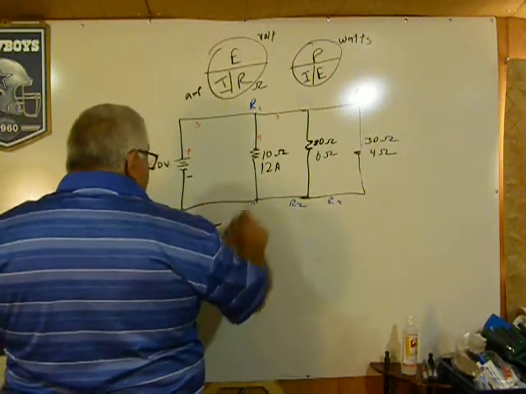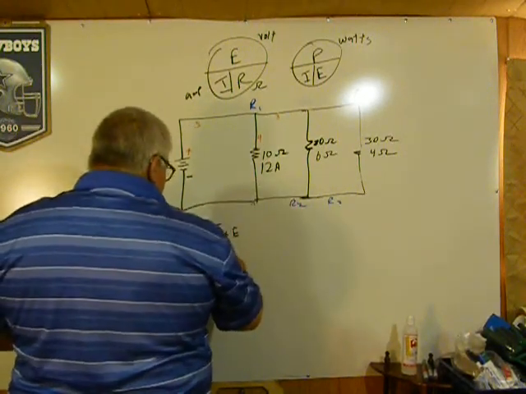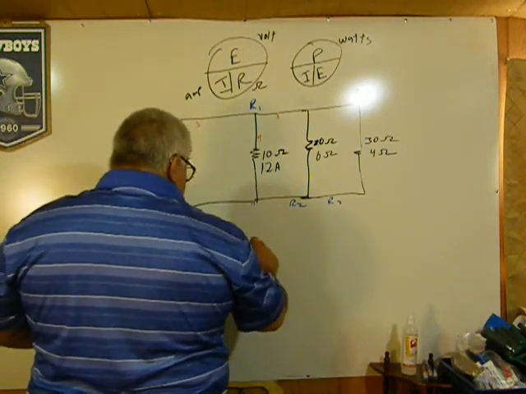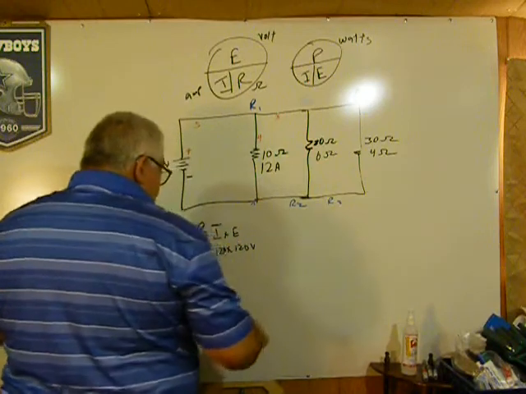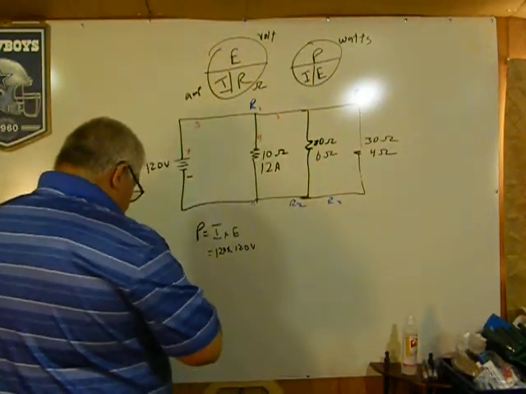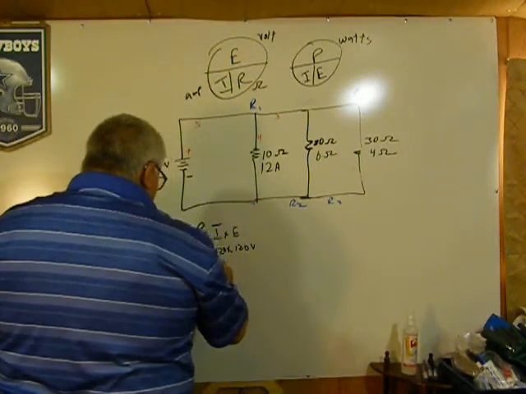So here, P, we get to this first one, and it's going to be 12 times 120 volts. Amps times volts. 12 times 120 equals 1440 watts.